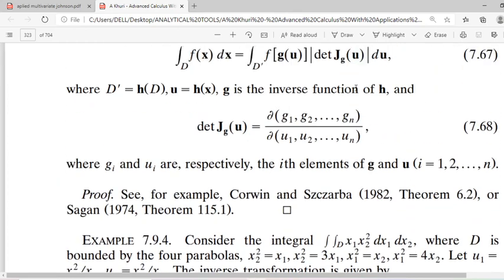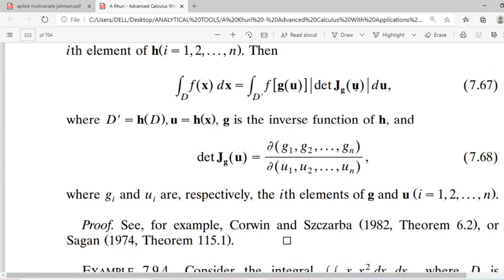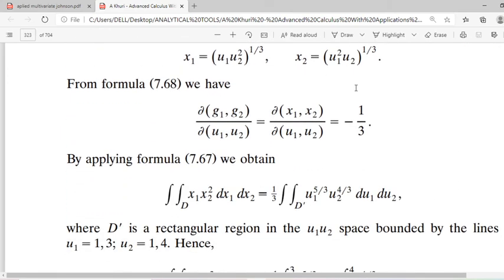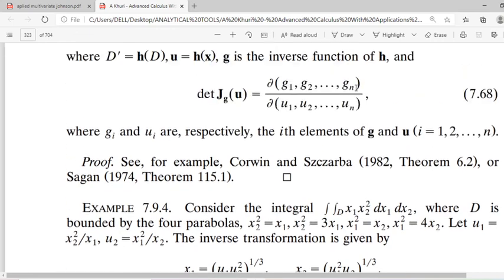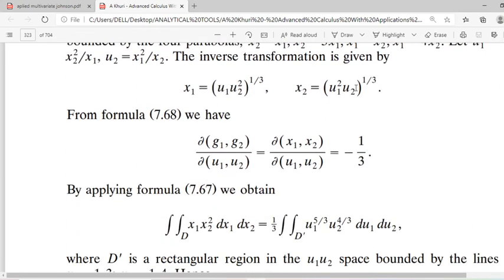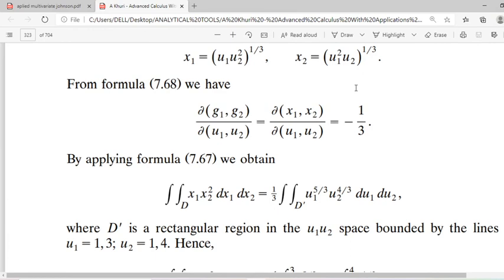So we can apply the formula, this is formula 7.67. The double integral over D of x1 x2 square dx1 dx2 is the same as the double integral over D dash, where you write f in terms of u. x1 is u1 u2 square raised to 1 by 3. Substitute that.